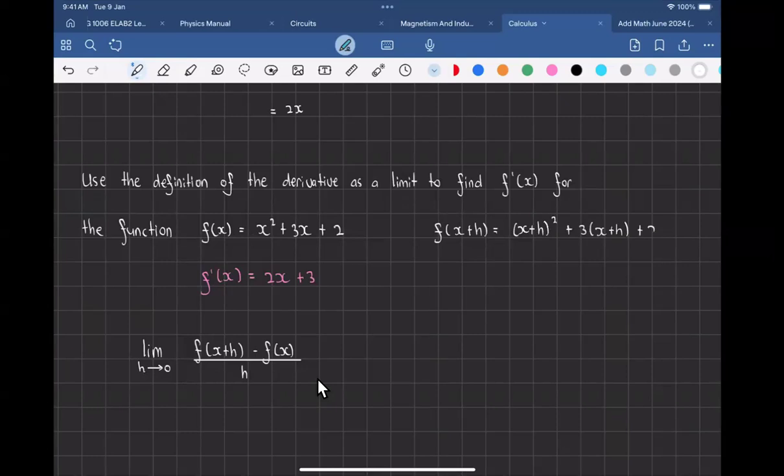That's just f of x plus h. Then you've got to expand that and simplify it. All that drama.